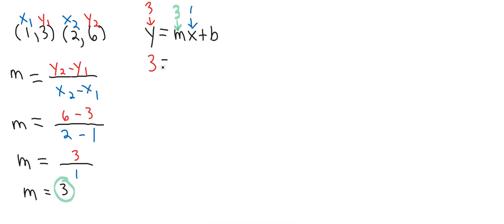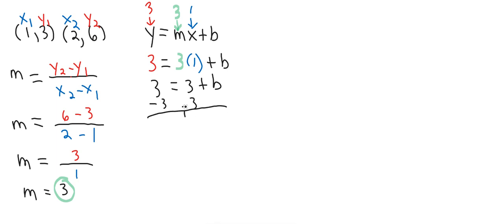Okay, so we have 3 equals 3 times 1 plus b, or we get 3 equals 3 plus b. Solving for b, you just subtract 3 from both sides. So it cancels out on both sides, so you just get 0 equals b.